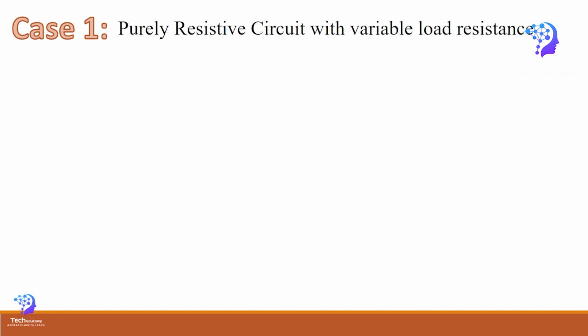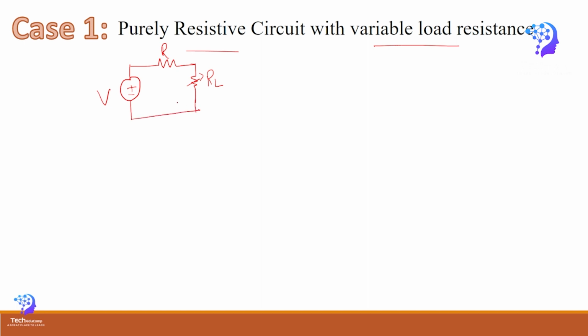We have case number one, which is a purely resistive circuit containing a variable load resistance. For example, I have this circuit: a voltage source, a resistance R, and a variable load resistance RL.